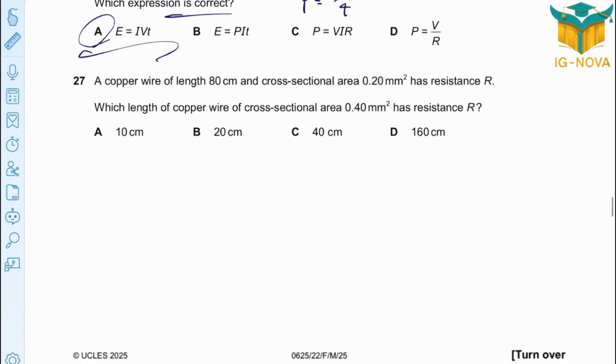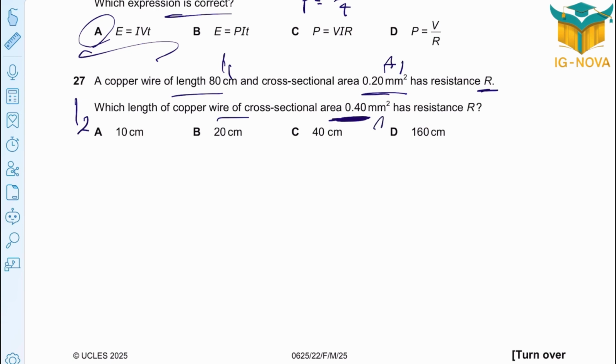Question 27. A copper wire of length 80 centimeter. This is the length. And the cross-sectional area of 0.20 millimeter square. So here it's cross-sectional area A, and it has a resistance R. Which length of copper wire? We ask here for the second length. The second cross-sectional area is 0.40.